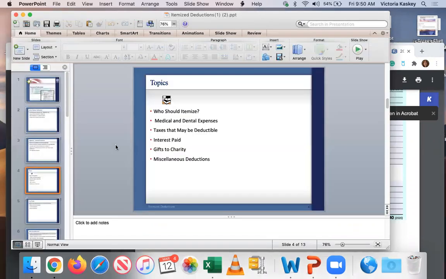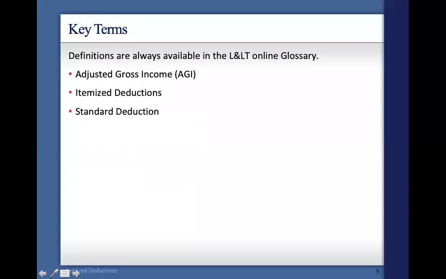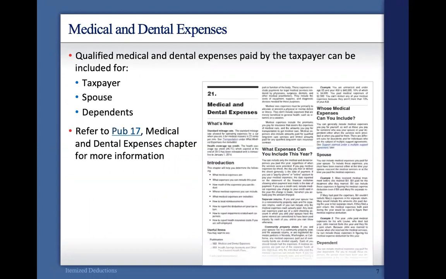So as we look at who should itemize versus the standard deduction, all of these things that are on the Schedule A are going to come into play. Of course, somebody should itemize if the total of the itemizations is higher than the standard deduction, whichever one benefits the taxpayer. Let's look into medical and dental expenses.